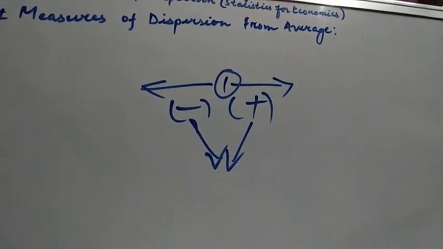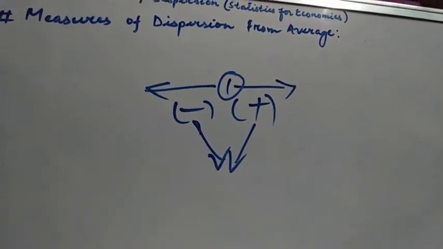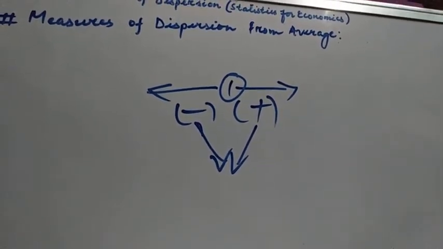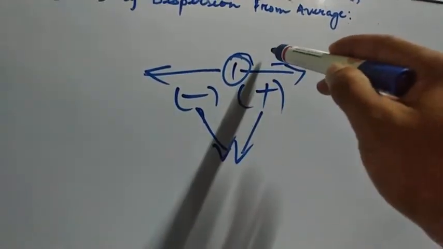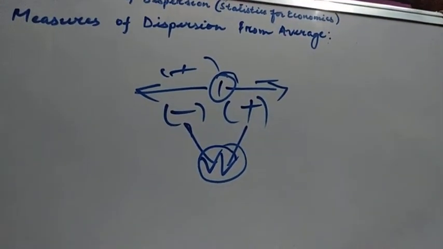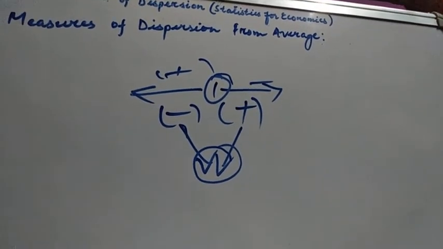In fact, the sum of deviations from the arithmetic mean is always 0. That is why the average, which contains both negative and positive sides, shows nothing when you sum them up together.